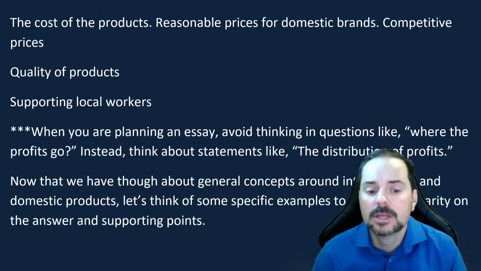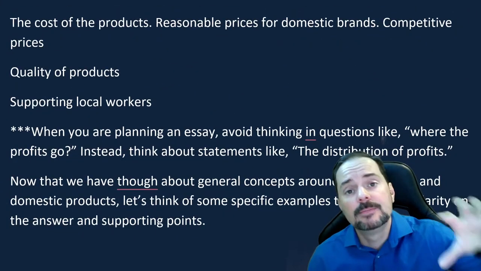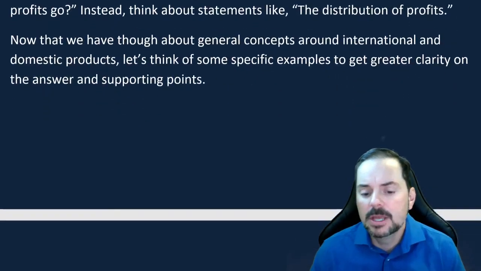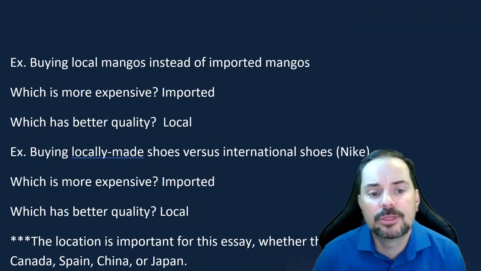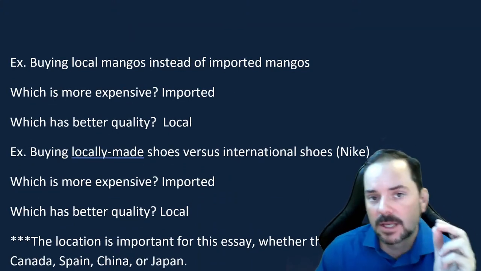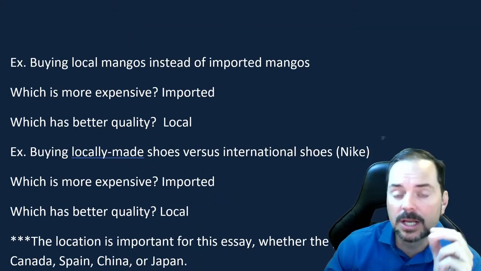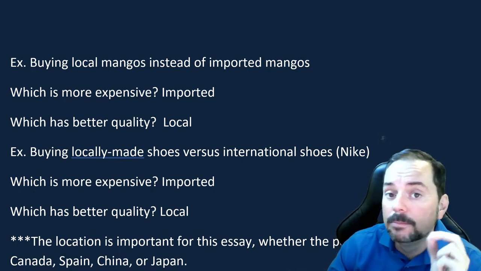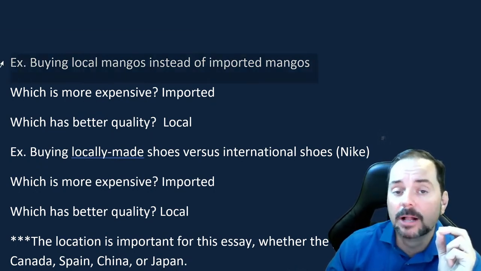So now that we've done some good thinking, we thought about the general and we thought about the specific, we can write a good essay. Does everybody get how thinking about specific examples before you start writing your essay is a very effective tool for coming up with good points and a good essay? It will help you to write faster.